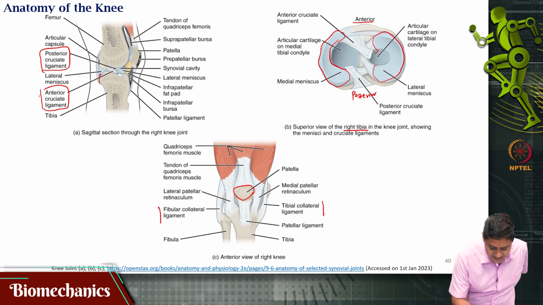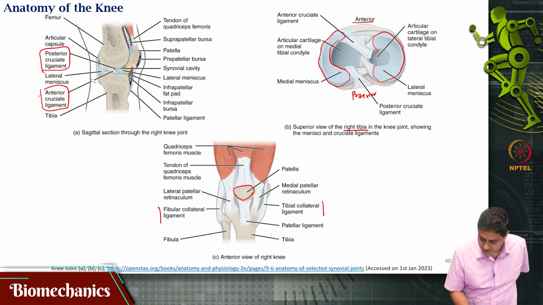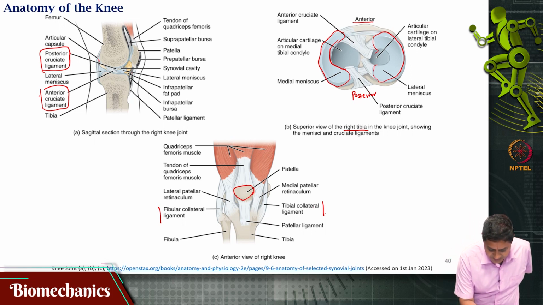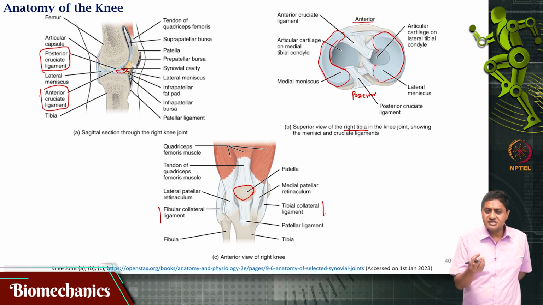There are two menisci. Shown here is one of them, the lateral meniscus, for example. What are these? These are pad-like fibrocartilage material pads that provide some kind of cushion, some kind of interacting material between the two bones that are interacting.